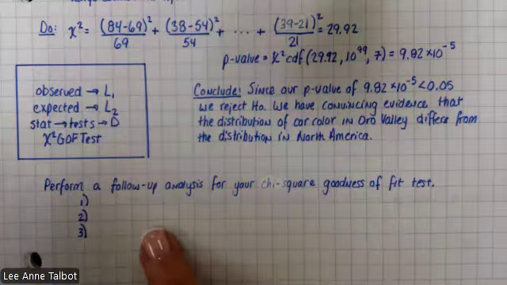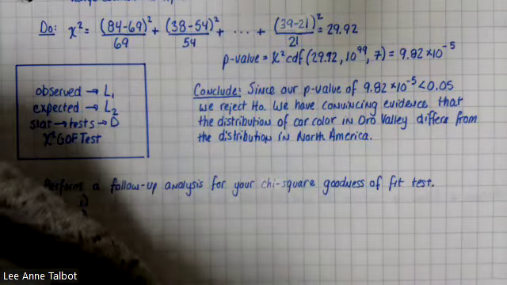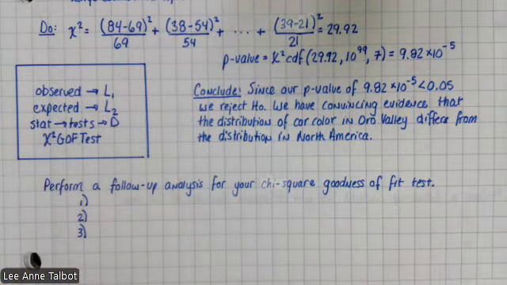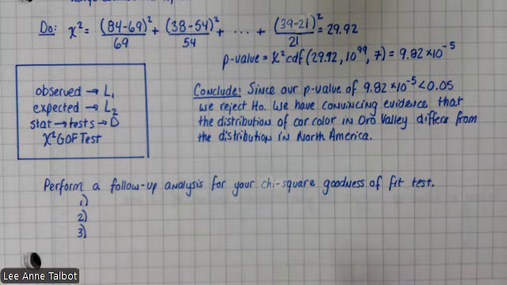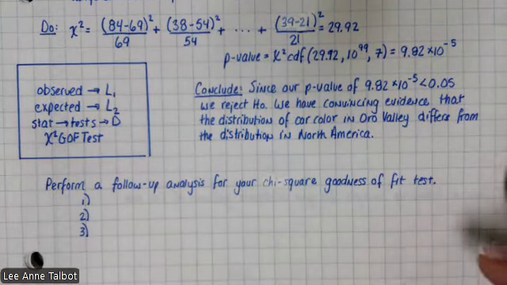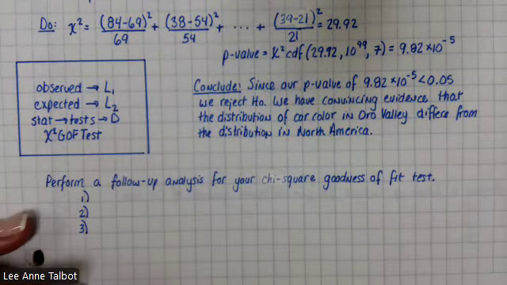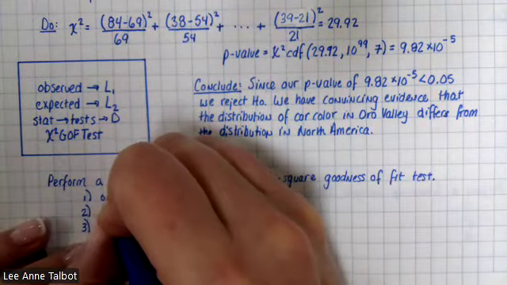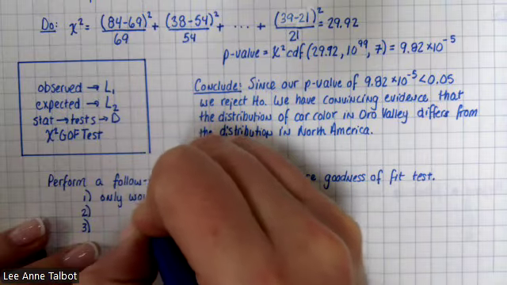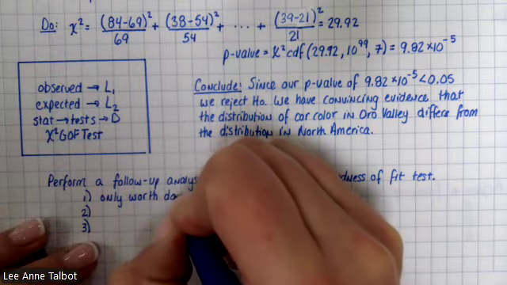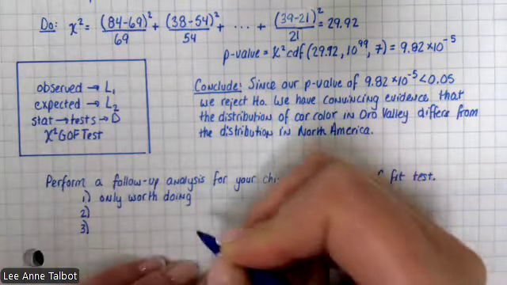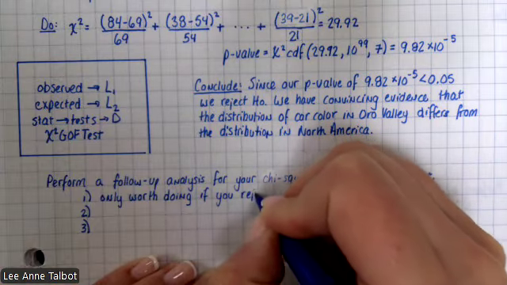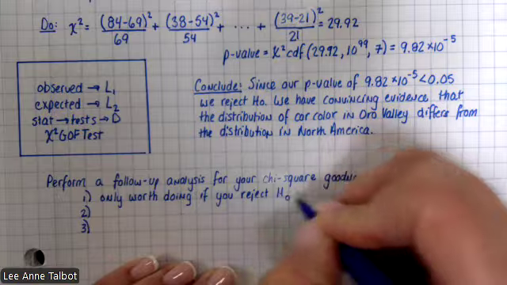Anyway, okay. Last thing for the day, believe it or not. I know. Okay. Perform a follow-up analysis for your chi-square goodness of fit test. You're going to be asked to do this sometimes. However, it's only worth doing if you reject the H0.